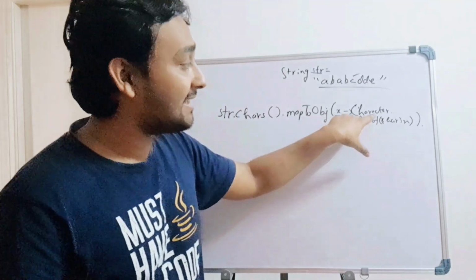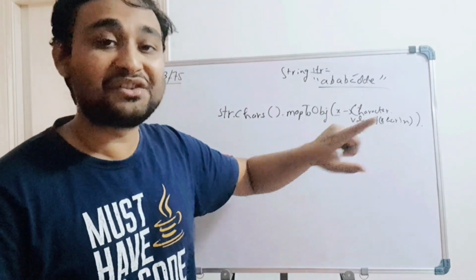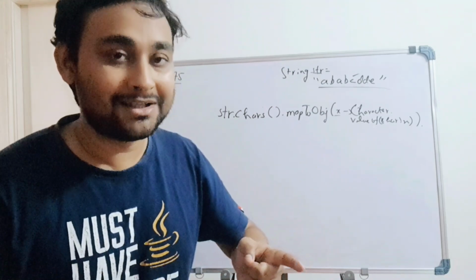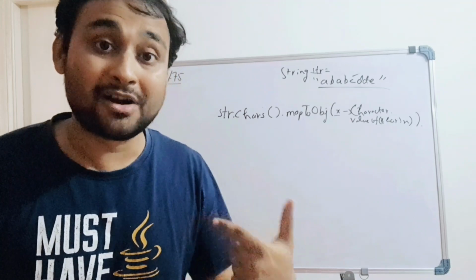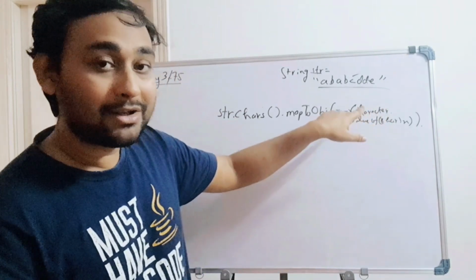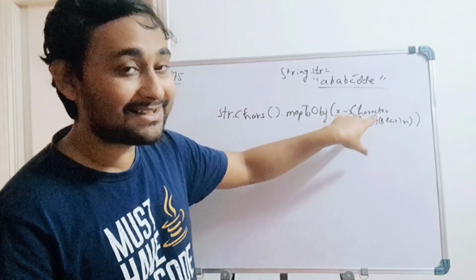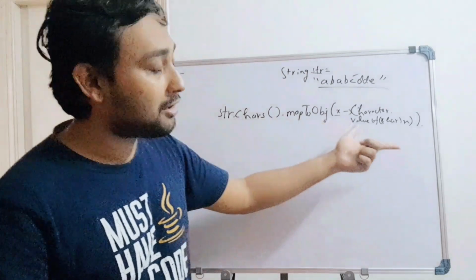So Character is a wrapper class for char. Char is a primitive type, and you know that stream doesn't work on primitives, because stream works on collections, which allow only non-primitive data types. So we need to convert this primitive to an object or non-primitive type, which is Character, and by doing this we have mapped this chars to object type.